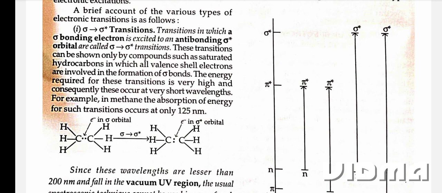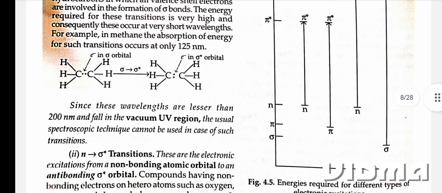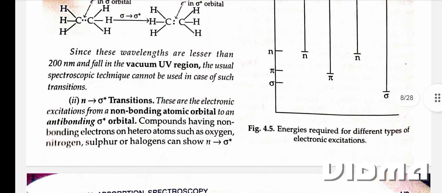The energy required for these transitions is very high and consequently these occur at very short wavelengths. For example, in methane, the absorption of energy for such transitions occurs at only 125 nanometer. Since these wavelengths are less than 200 nanometer and fall in the vacuum UV region, the usual spectroscopic technique cannot be used in case of such transitions.